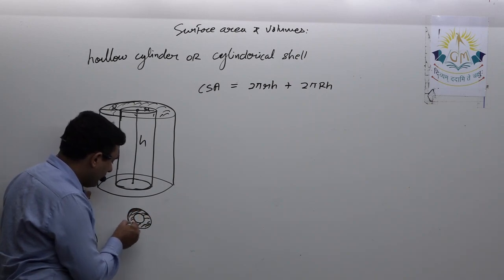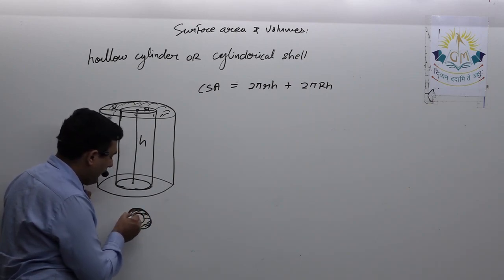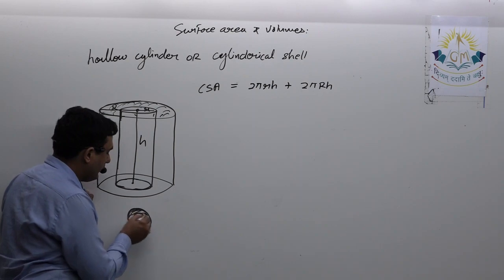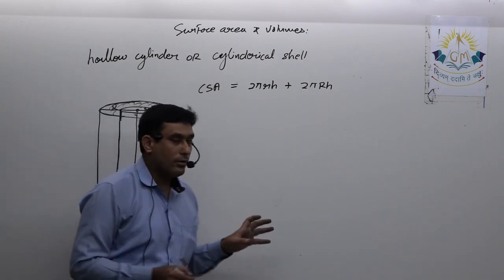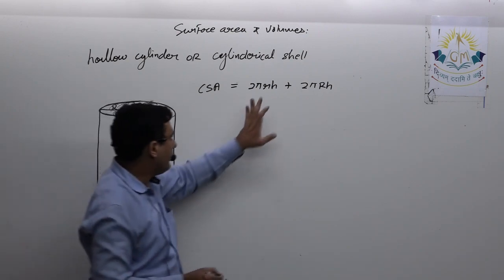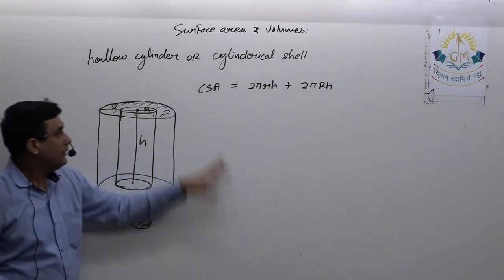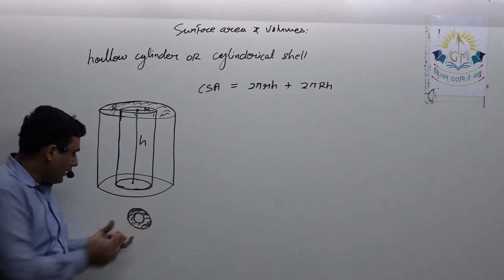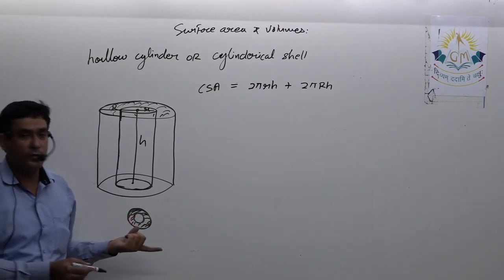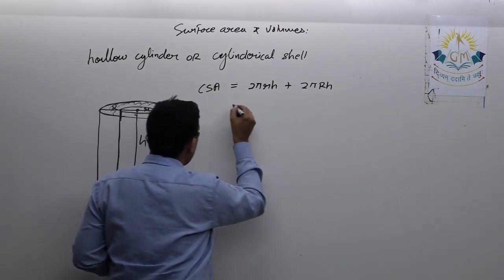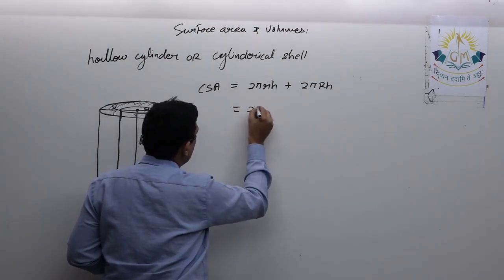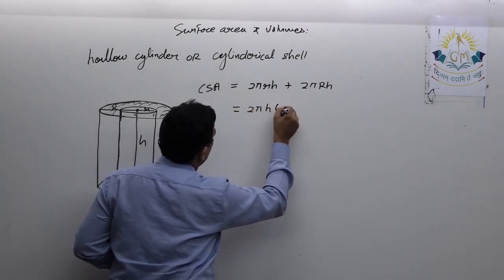Can I say the area of this larger circle minus the area of this smaller circle gives you this area of ring? We won't say it is a part of CSA, definitely CSA is that much only, but when we find the total surface area, we have to add this area of ring. So CSA is this. Now here I write it in the simplest form by taking 2 pi h common.